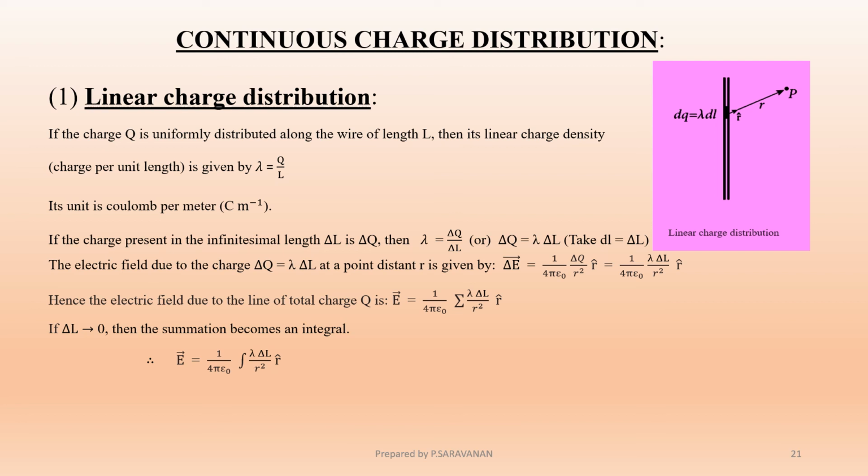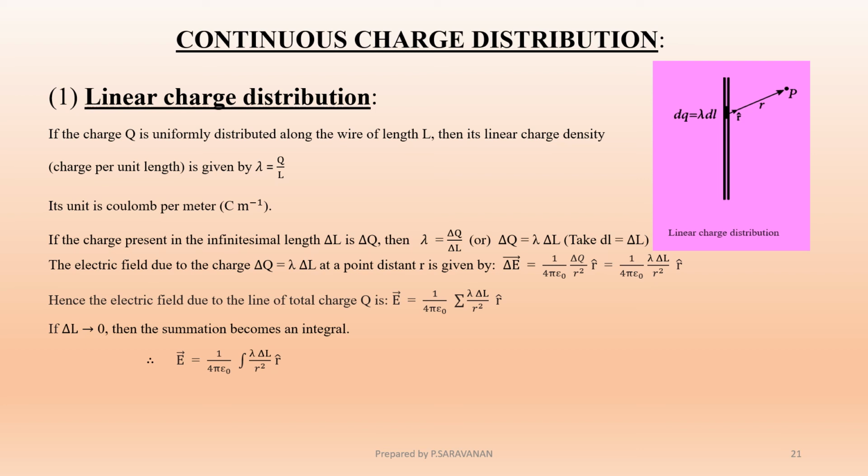Look at the next step. The electric field due to the charge delta q, which is also equal to lambda times delta L, at a point which is distant r from the wire is given by delta E vector equal to 1 by 4 pi epsilon naught times delta Q by r squared times r cap, which is also equal to 1 by 4 pi epsilon naught times lambda delta L by r squared times r cap.